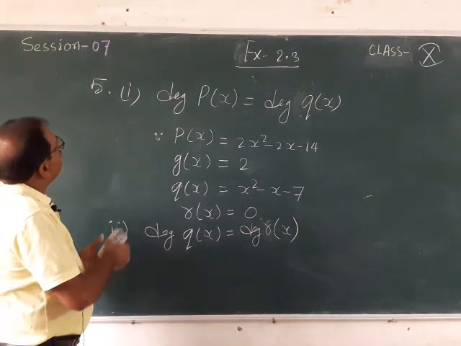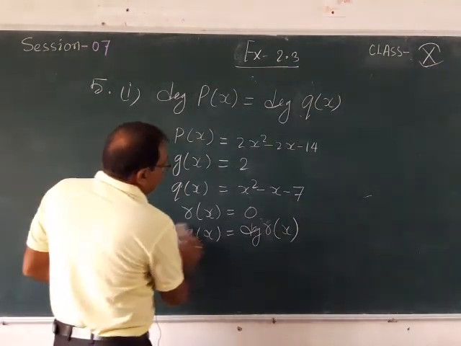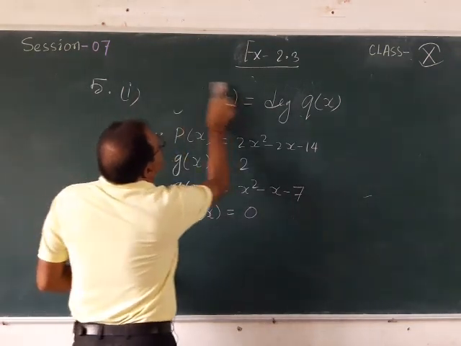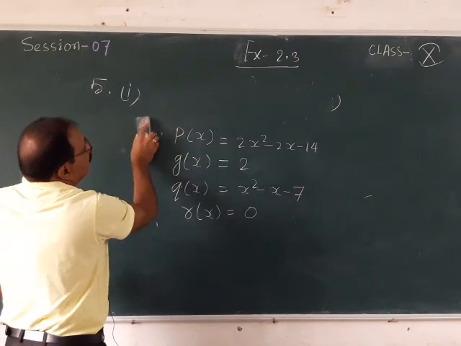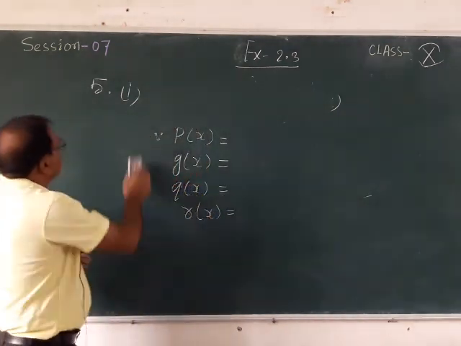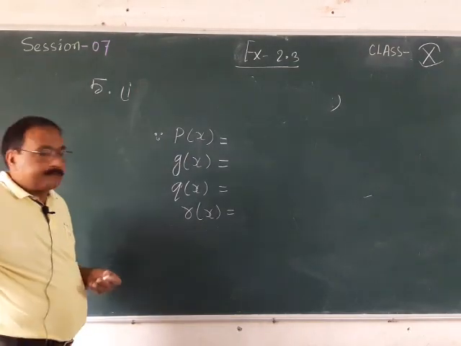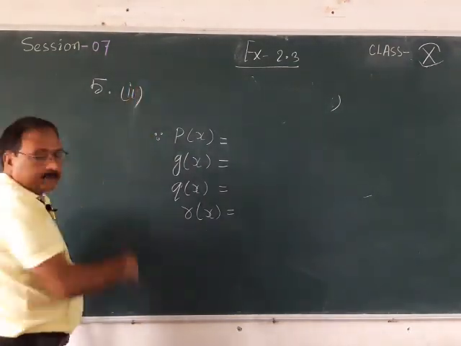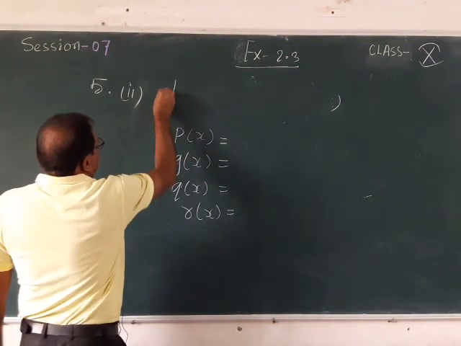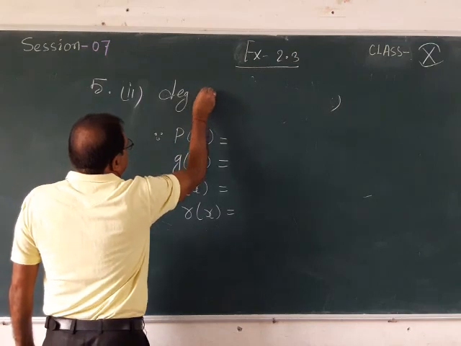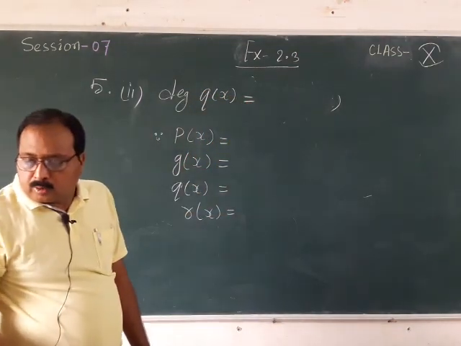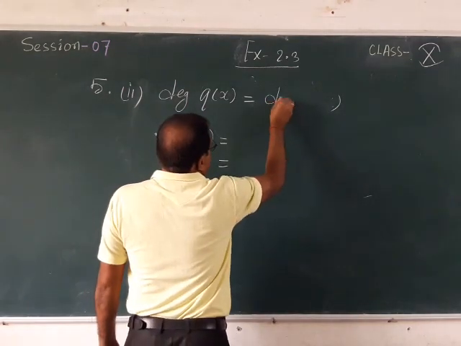let me write this question number 2 at the top itself, because I hope that you have written this one. Here in the second question, degree Qx is equal to degree Rx.